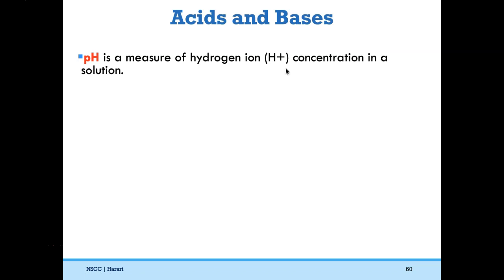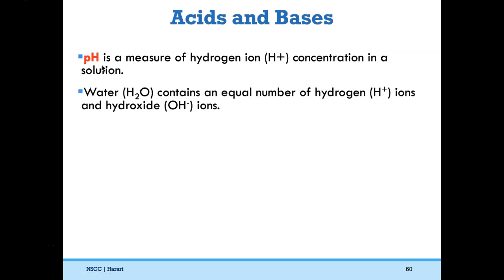If you lose the electron, what do you have left? Just the proton. So when you see H+, that's the same thing as saying a proton. It's a little tricky, but write that down and that will come up in subsequent chapters. So pH is a measure of the hydrogen ion concentration, that's what the H is, in a solution.